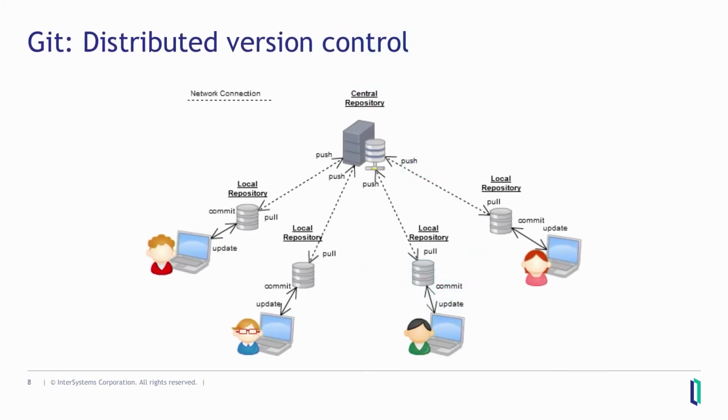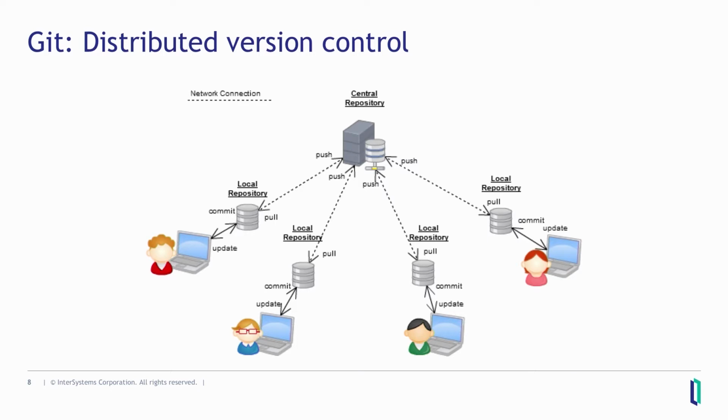All right, so a couple of words about the Git source control system that we will use today. Again, it's a little bit different from classical source control systems like Perforce or Subversion, in that it doesn't have a central server where you have to log in to do your work.